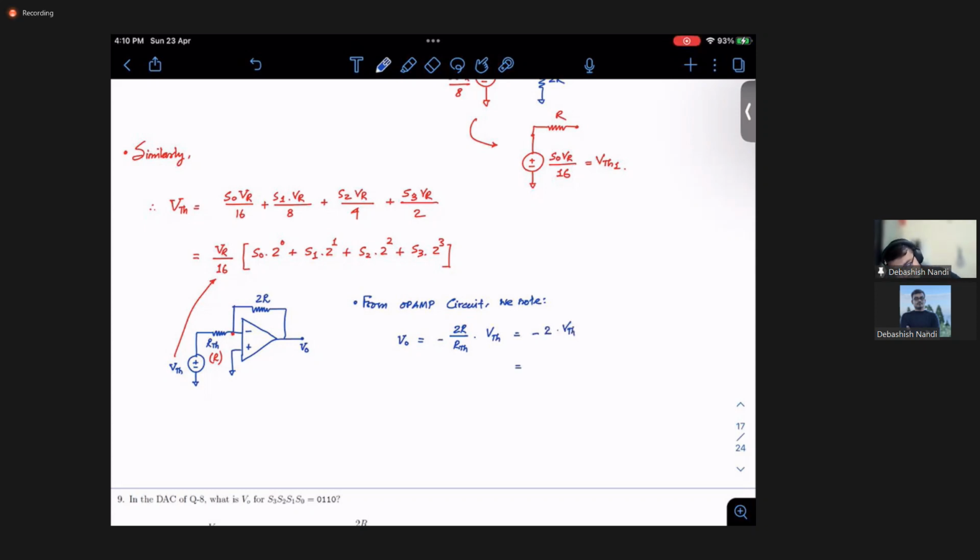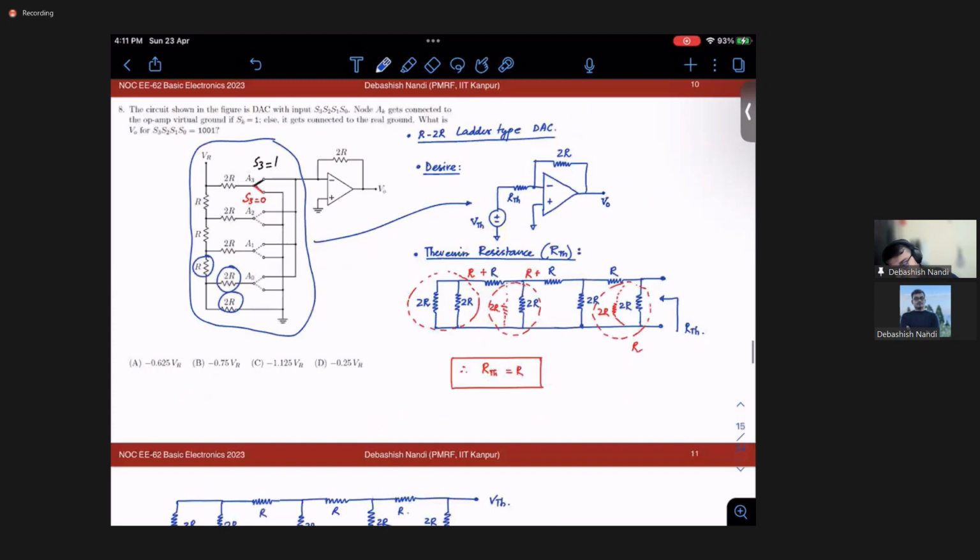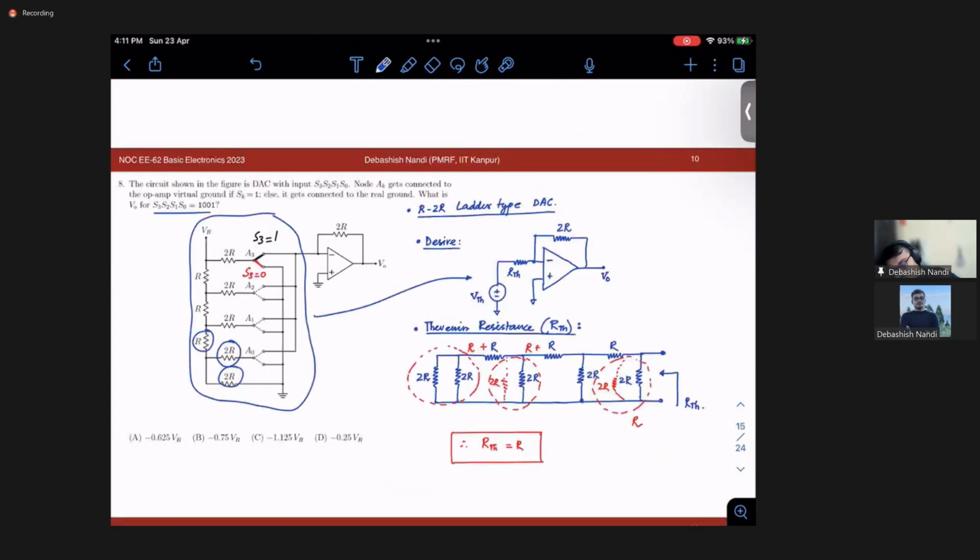And what is my VTH? Minus 2 VR by 16 into S0 2 to the power 0, S1 2 to the power 1, S2 2 to the power 2 plus S3 2 to the power 3. Fine. Now what was the question? The question was that for this value, what is V0, right?